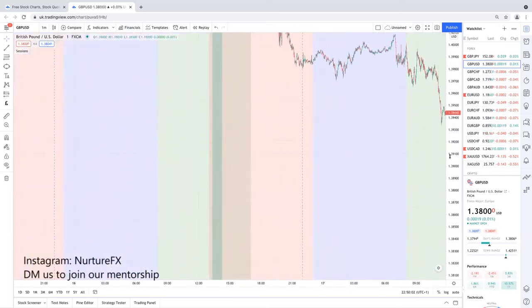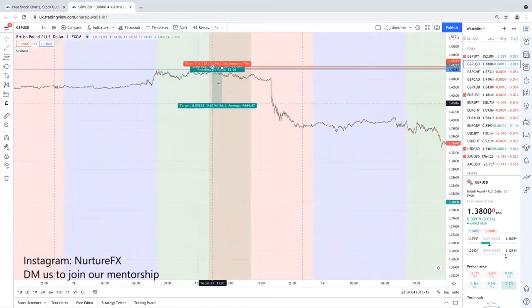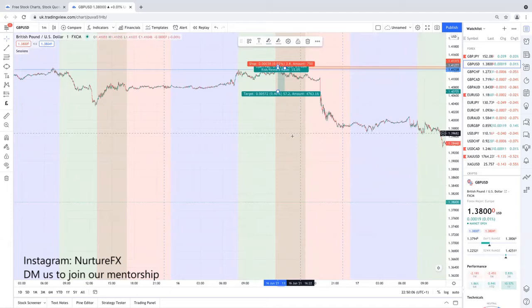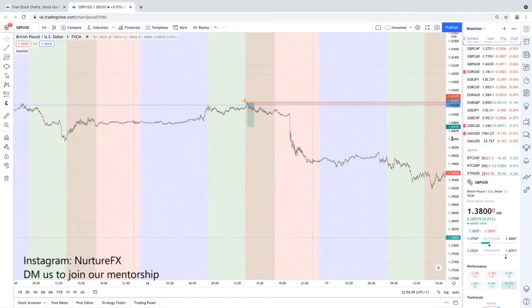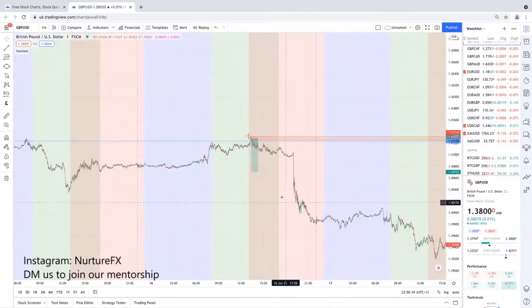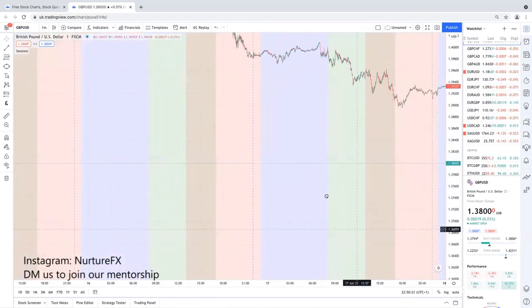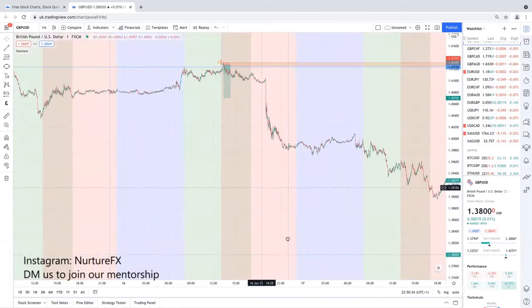Now, whenever we're in the mentorship, I always tell the participants to take profits at relevant areas of liquidity, but also leave a small amount to run so that you can take these massive moves and benefit from them.